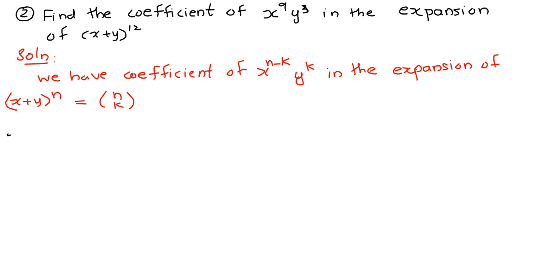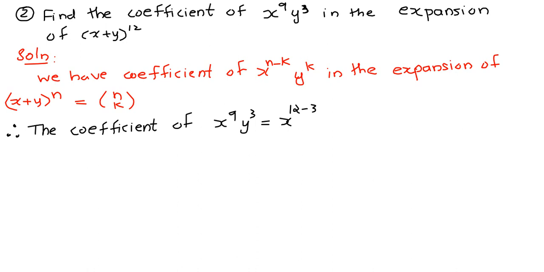Therefore, the coefficient of x raised to 9 y cube can be written as x raised to 12 minus 3 into y raised to 3 in the expansion of x plus y the whole raised to 12.